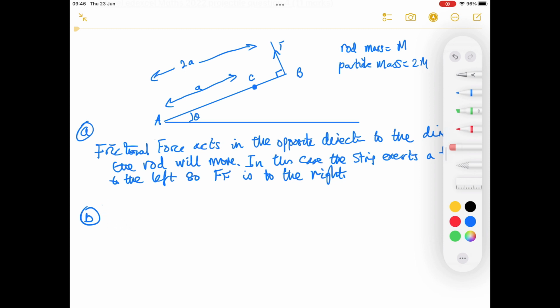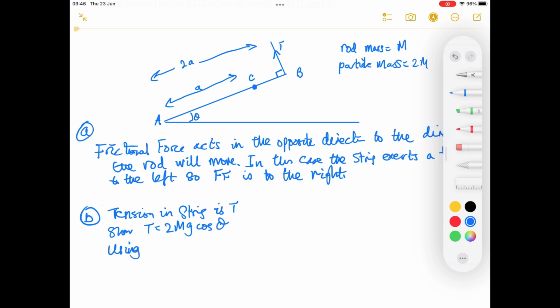So we've got to show the tension in the string is T, and we're going to show T is equal to 2mg cos theta.